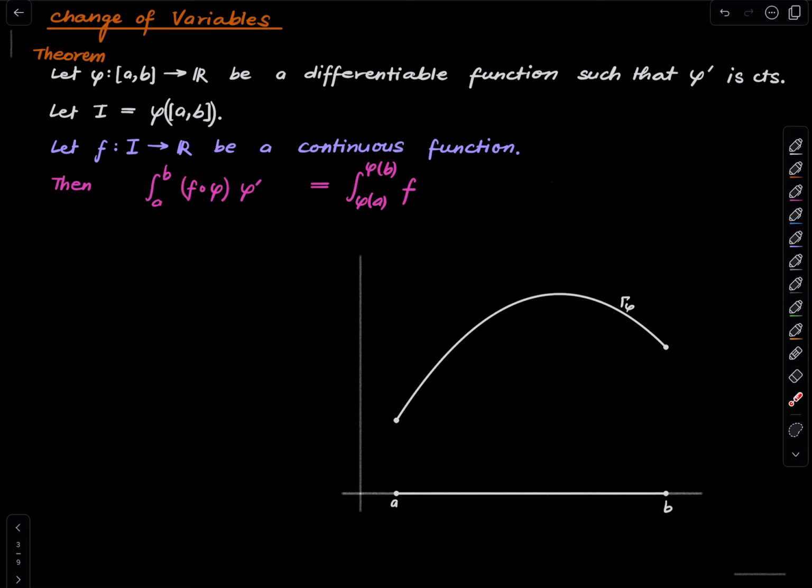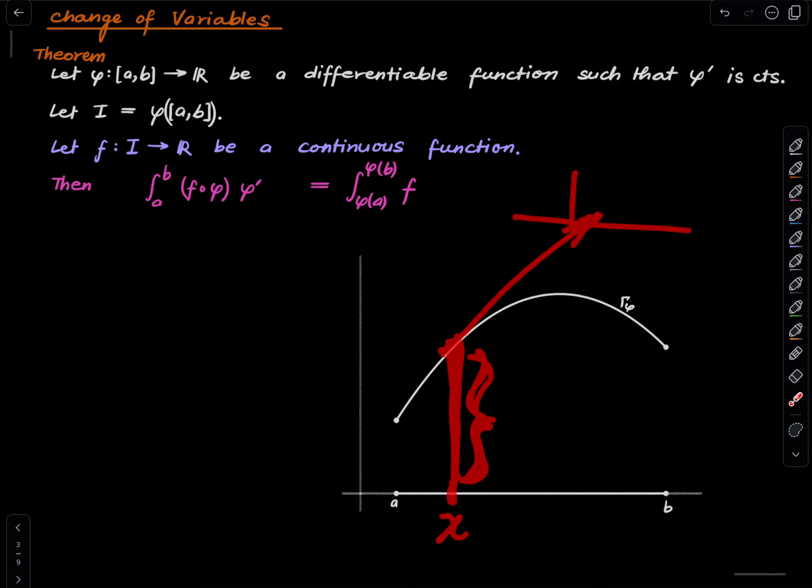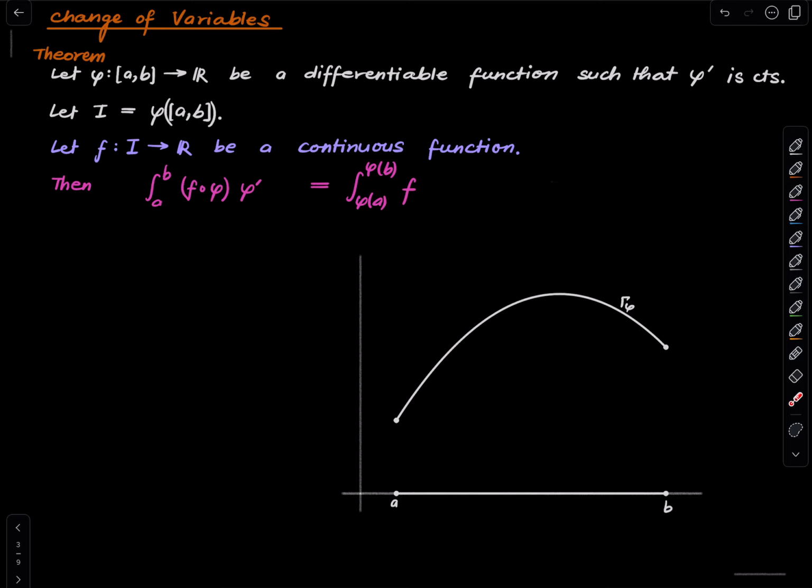Once I have an entry here, let's call it little x, I feed it to phi, and then I want to feed this value to f. Now if I draw f here, how do I get this value going inside f? That would be painful. So we will just rotate the graph of f by 90 degrees to achieve that.